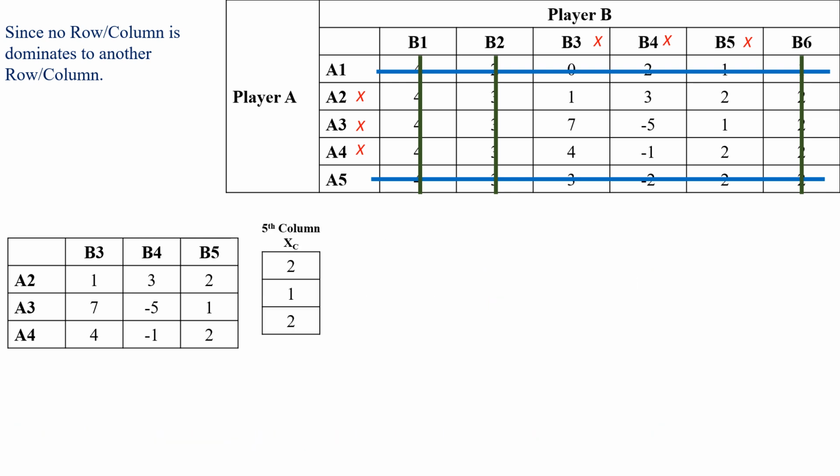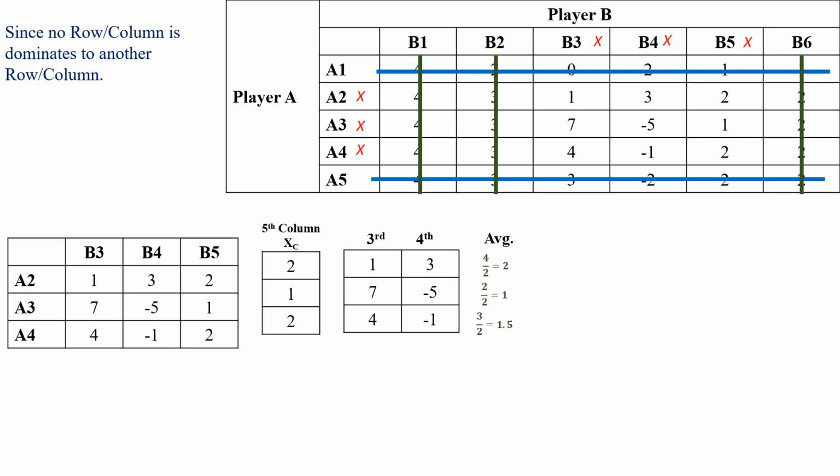Then compare the fifth column elements with the average of the third and fourth column elements. The fifth column elements are 2, 1, 2, and the average of the third and fourth column elements are 2, 1 and 1.5. So here 2 equals 2 and 1 equals 1, and 2 is greater than 1.5.